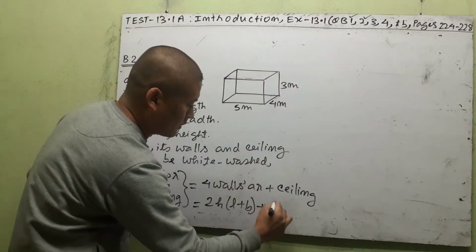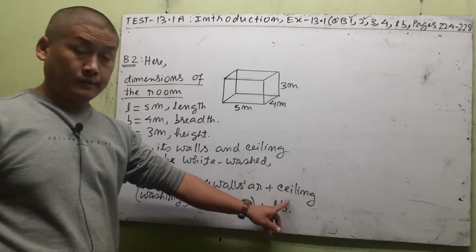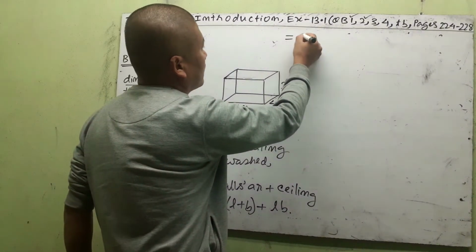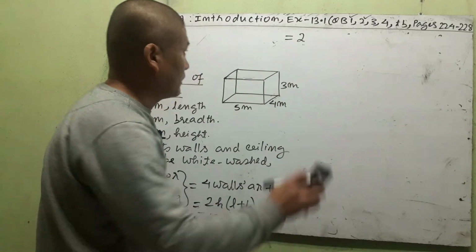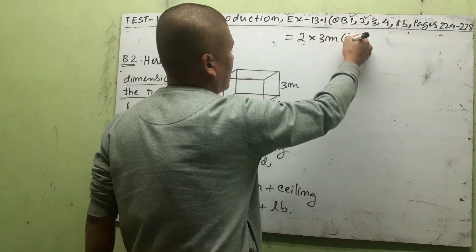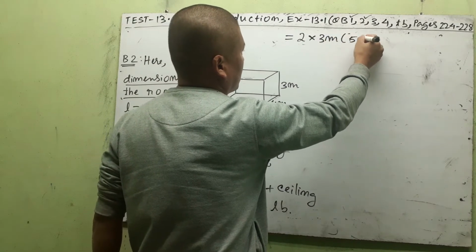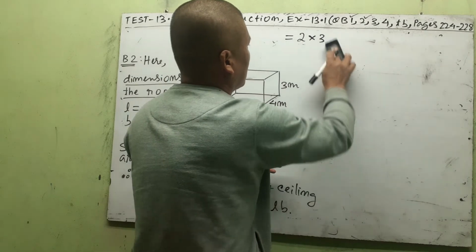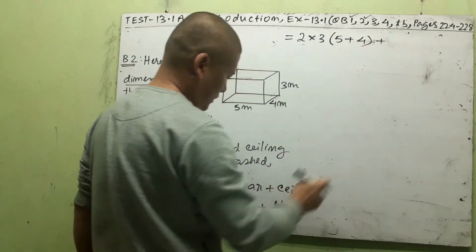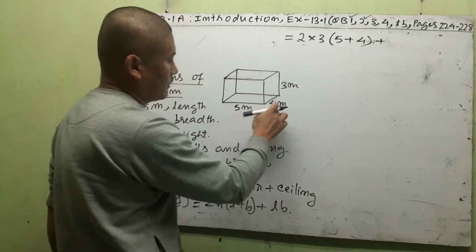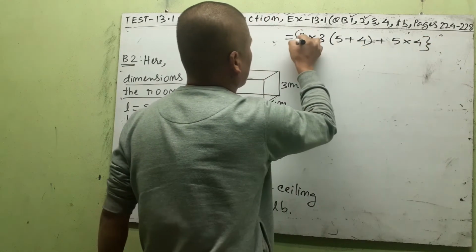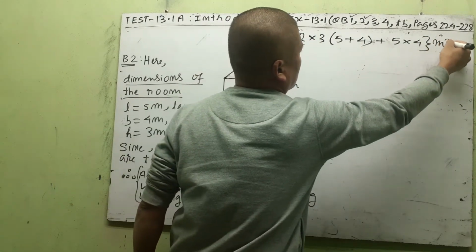So L into B is the area of the ceiling. So this is the area for which we have to put the whitewash.